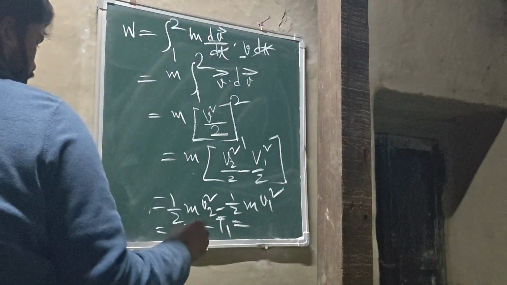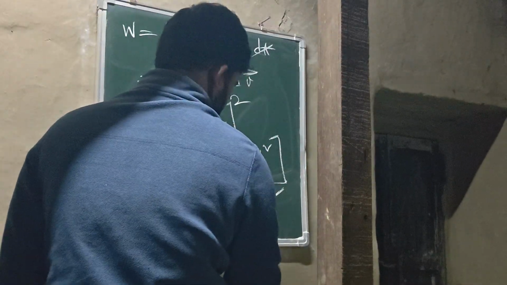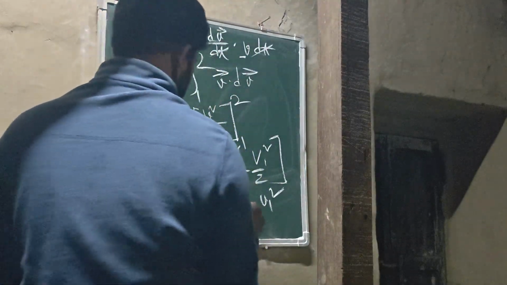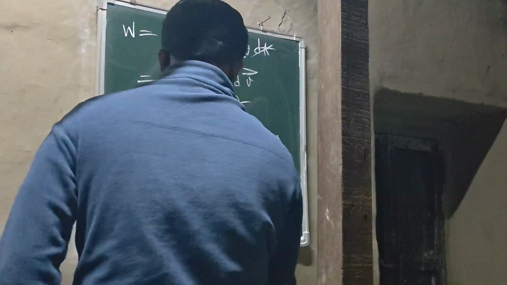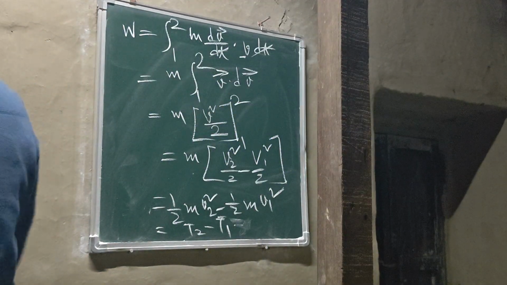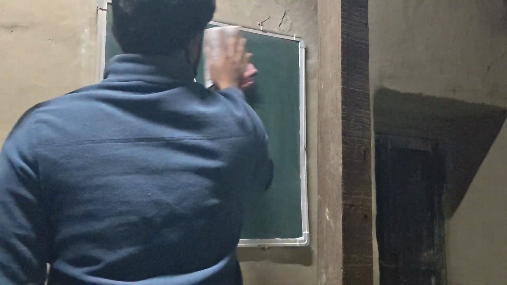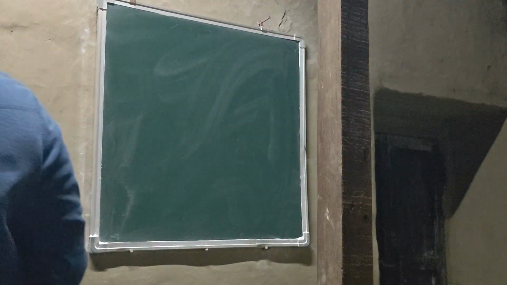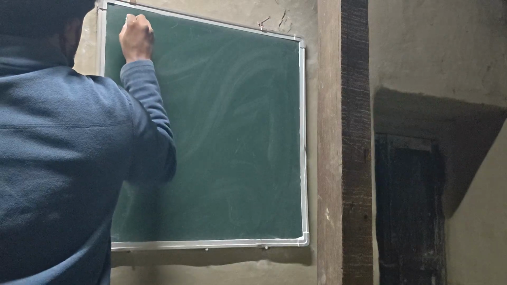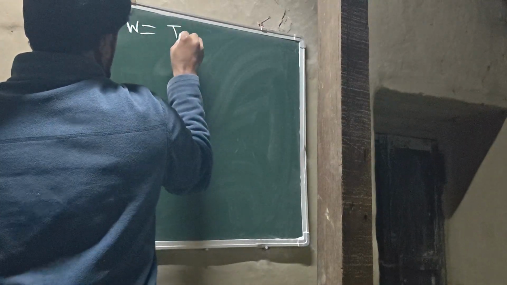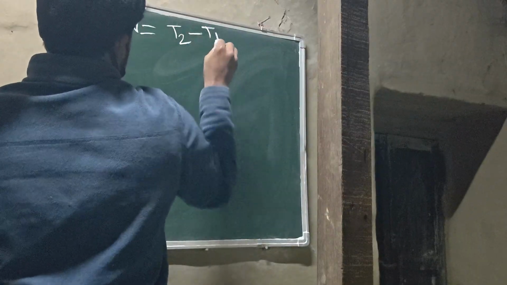This T2 is the final kinetic energy of the particle and T1 is the initial kinetic energy. Then we finally get W equals the difference of kinetic energy of the particle.